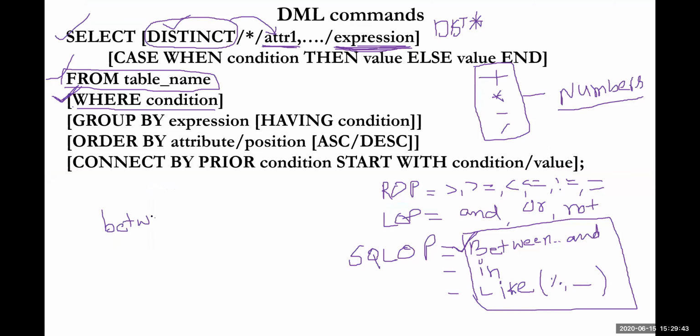Between is always a closed interval. N should be included, m should be included. That is greater than or equal to n and less than or equal to m.